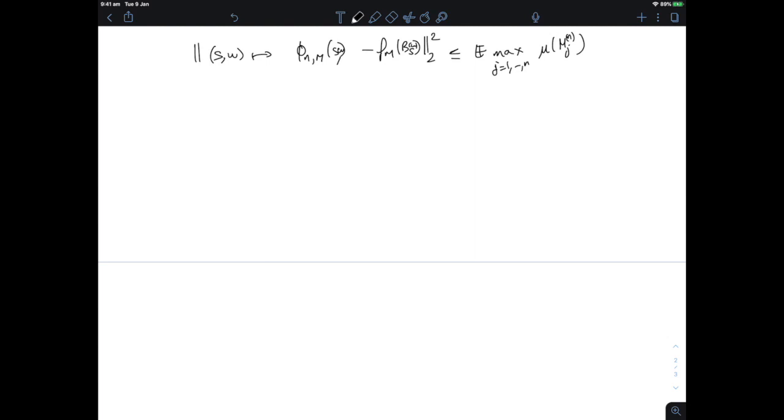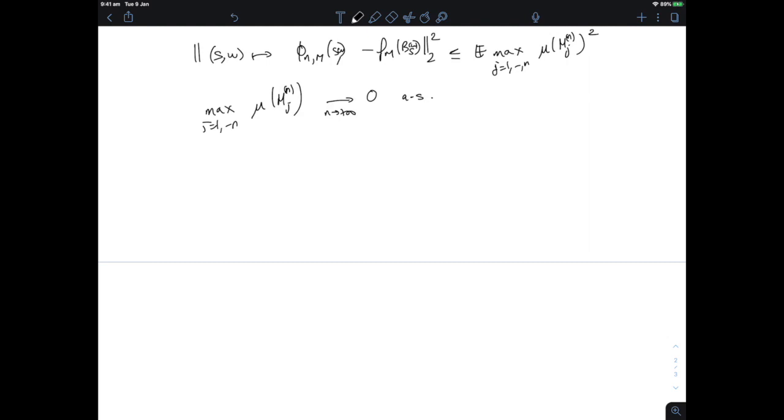Right? And I know that the m_j^n's go to 0 almost surely. And I know that my mu of h goes to 0 as h goes to 0. So what I have is that, oh, that's squared. The maximum j equal 1 to n of mu of m_j^n goes to 0 as n goes to infinity almost surely.